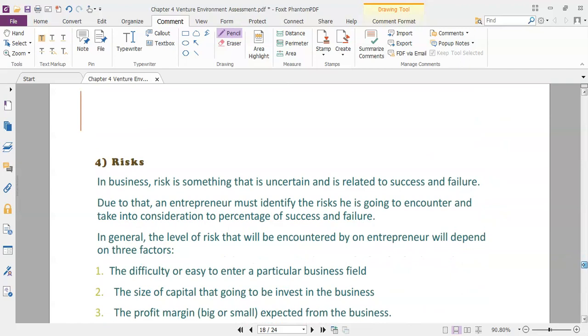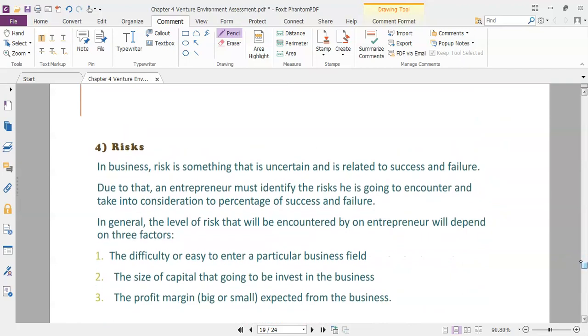Then number 4 is risk. We should know the risk. In the business, risk is something that is uncertain, and is related to the success and failure. Due to that, an entrepreneur must identify the risk he is going to encounter and take into consideration the percentage of success and failure.